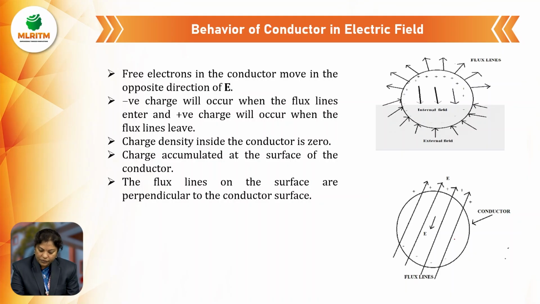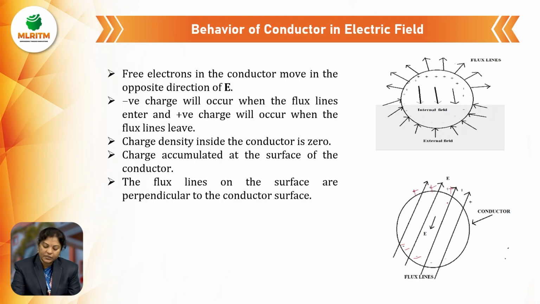A negative charge will occur where the flux lines enter, and a positive charge will occur where the flux lines leave. So this is a negative charge where the flux enters like this, and the flux lines are leaving here, so here we have a positive charge.